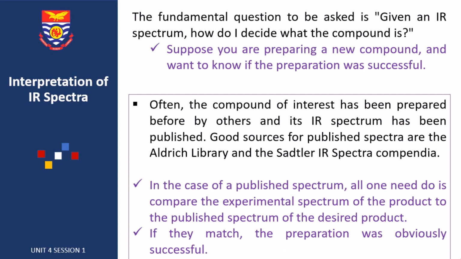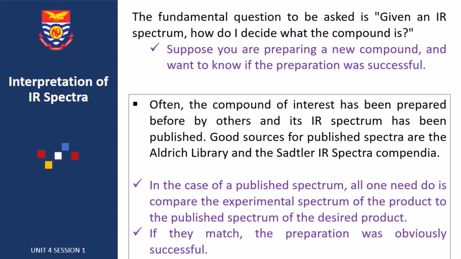Okay, so the fundamental question that comes with IR is, assuming you are analyzing a sample or a compound whose structure you do not know, how do you tell that you've been successful in identifying the structure of the compound? Now it's easy when the compound you are trying to analyze is a known compound which has been published in literature.